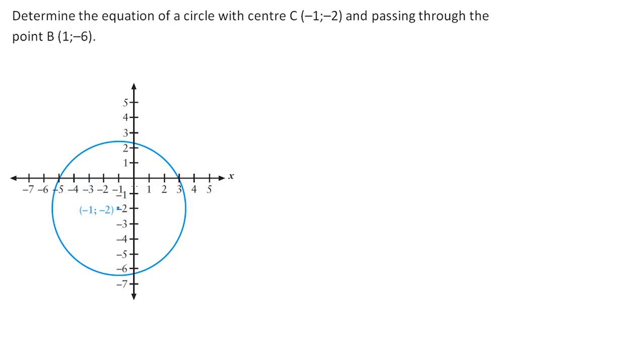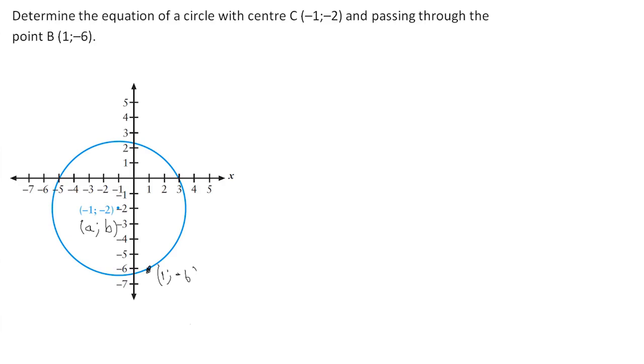Because your center point here is not your origin, we're going to use a different formula. That means that will be point A and that will be point B. And the point here at your circumference will be an x value of 1 and -6.